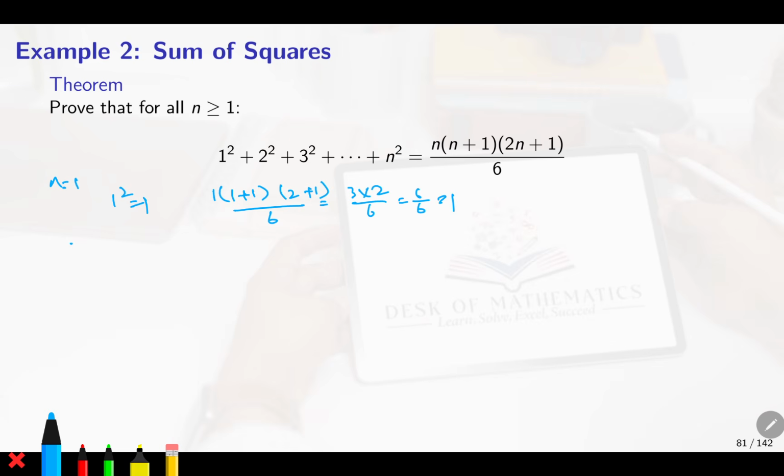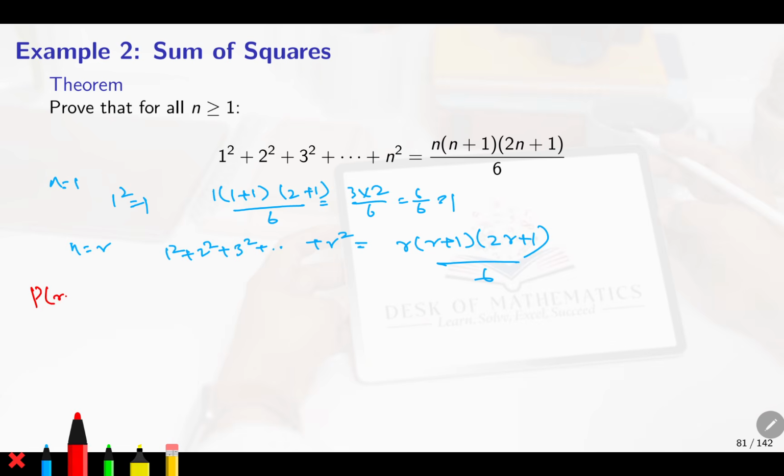Now suppose it is true for r: 1 square, 2 square, 3 square, up to r square, equals r into r plus 1 into 2r plus 1 divided by 6. Now p of r plus 1. Suppose n is equal to r plus 1. What will be your expected result? r plus 1 into r plus 1 plus 1, that is r plus 2.